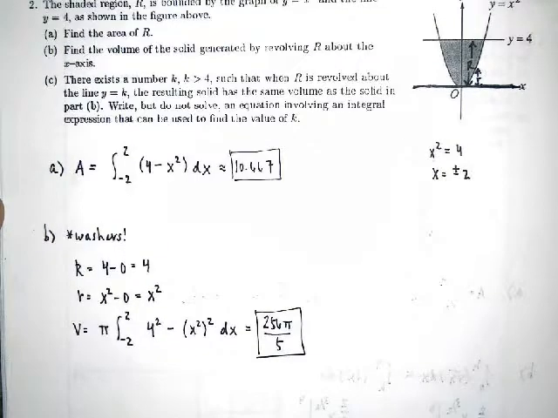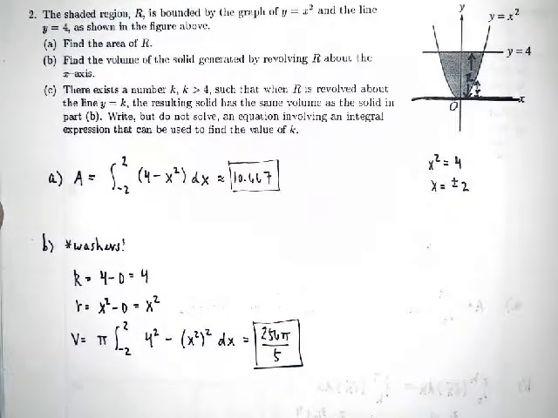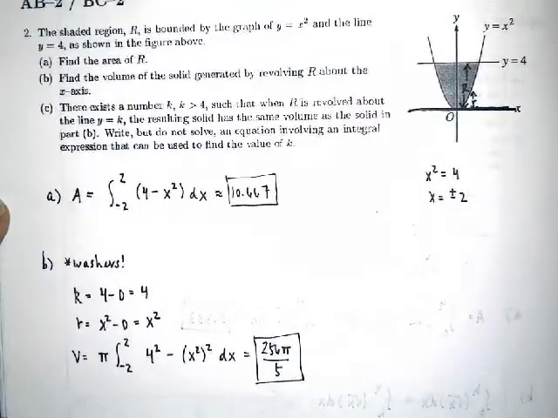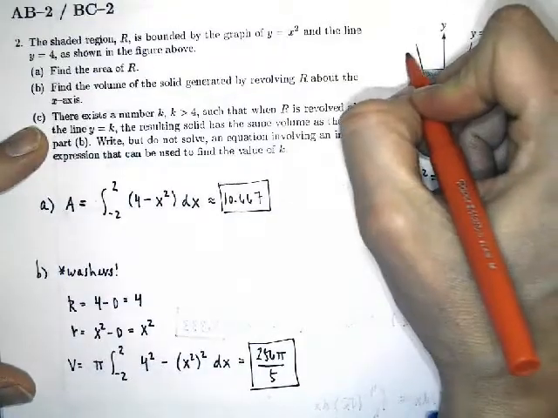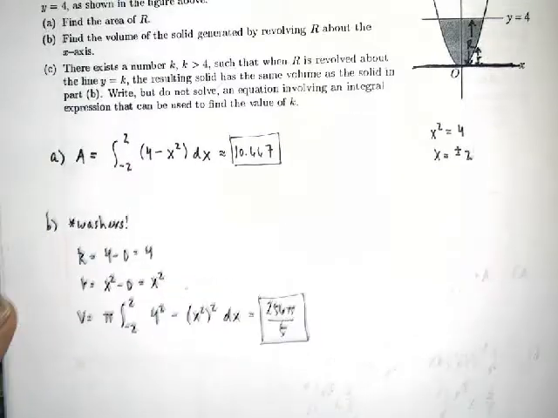So now for part C, it says there exists a number k for k greater than 4, such that when R is revolved about the line y equals k, the resulting solid has the same volume as the solid in part B. So the idea is, if I revolve it about some line, maybe I'll draw the picture again here just so we don't get confused by our different r's.